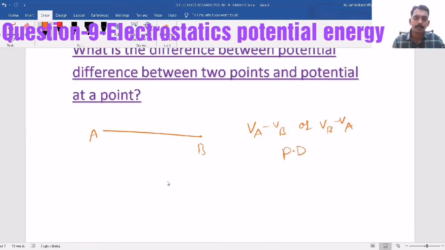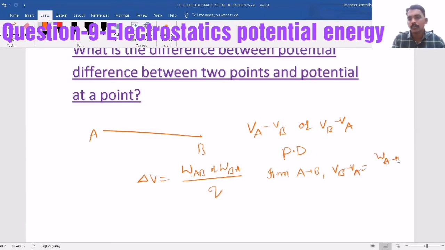That is, potential difference between 2 points is the work done in bringing a charge from A to B or B to A, whichever you are moving. Now if you move from A to B, then VB minus VA is the work done in moving from A to B per unit charge. This is the potential difference.